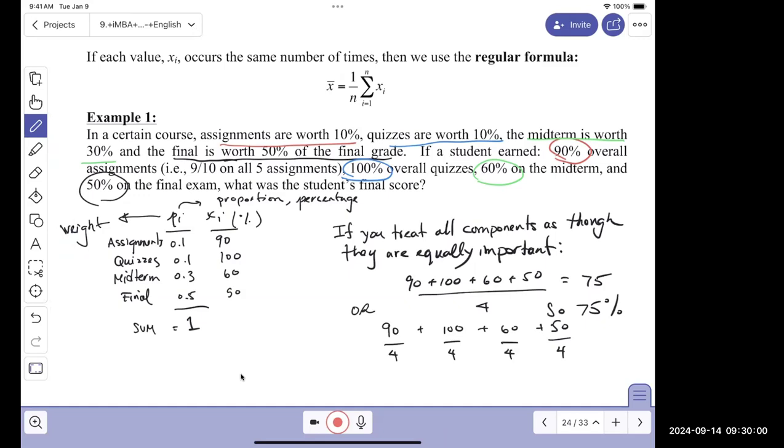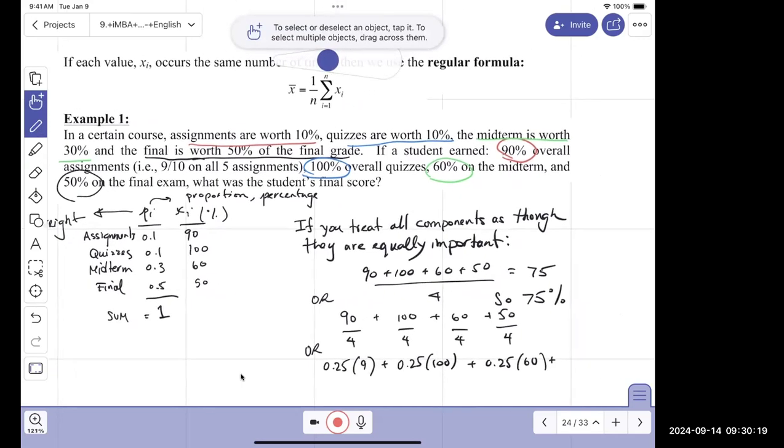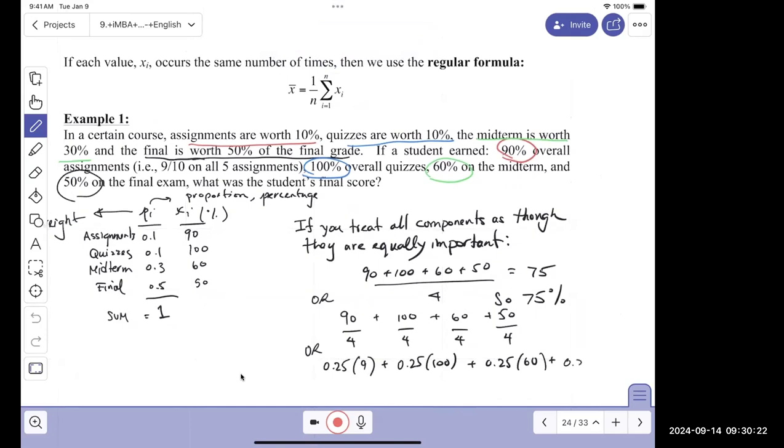So in other words, is this the same as well? Does anyone refute that that's the same? It's the same. So they're all the same.